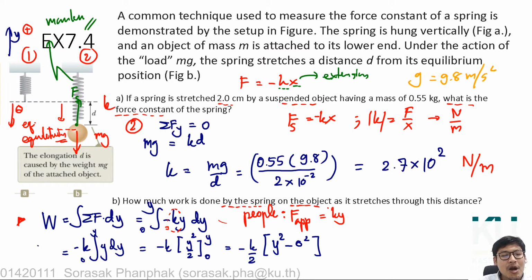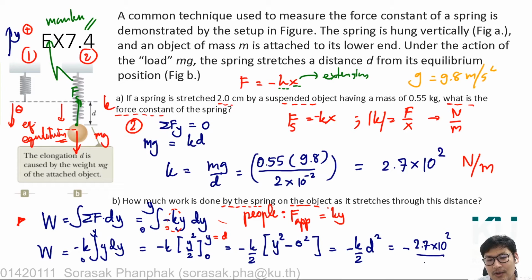So the work done by the spring on the object through this distance, which is this y, finally equal to d. So you replace it: minus k over 2 d squared is equal to minus k, which you have found as 2.7 times 10 to the 2, over 2, and d squared, where the stretch distance d is 2 centimeters.